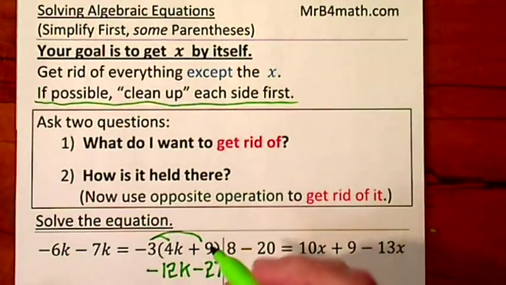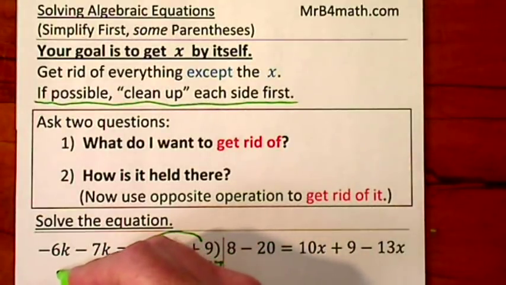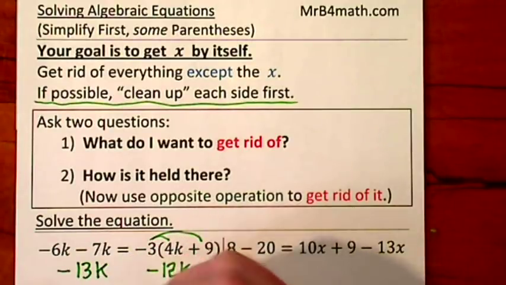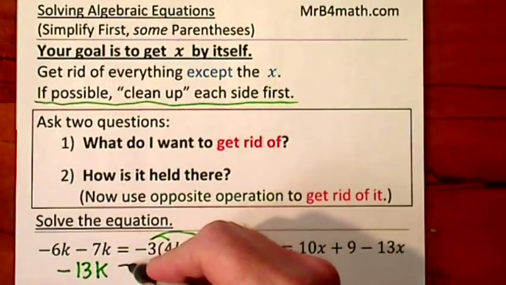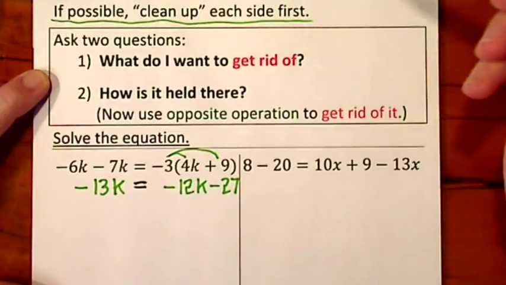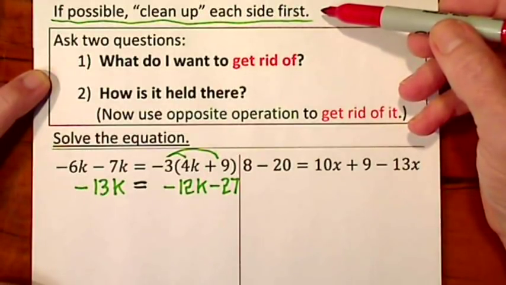Negative 6, negative 7, signs are the same, so we add and keep the sign. Negative 13, k just comes along for the ride. And we'll bring down the equal sign. So we've taken care of cleaning up each side.